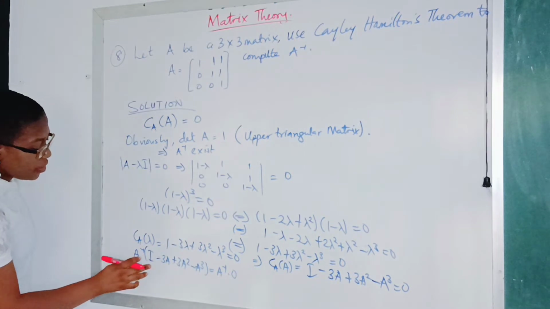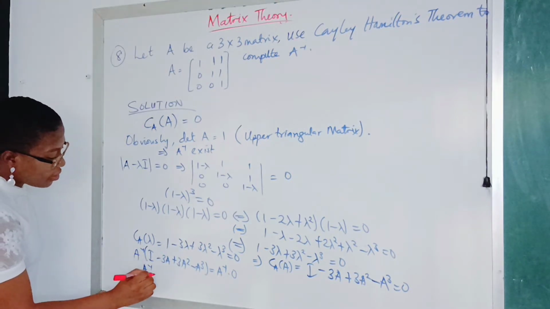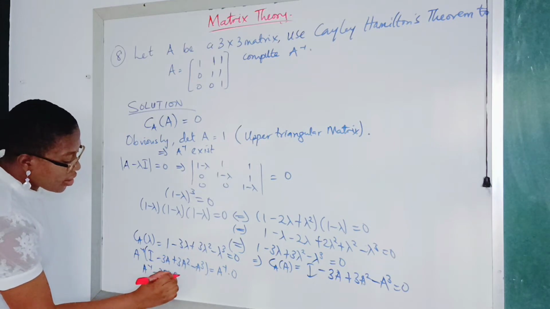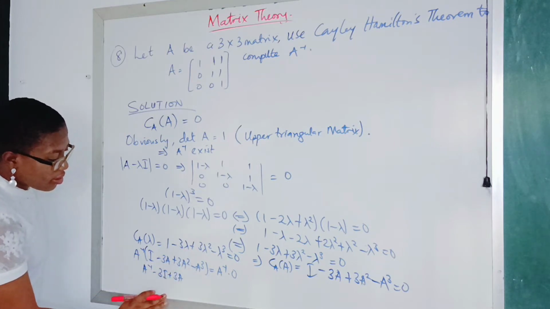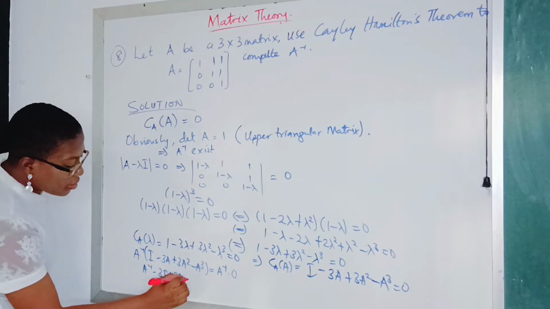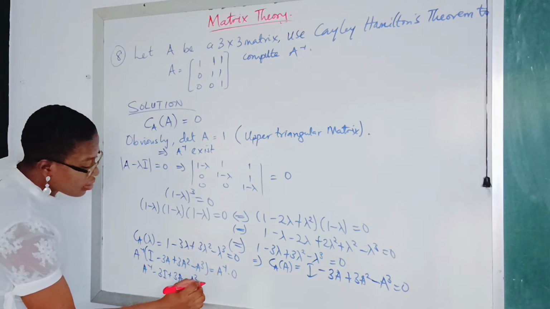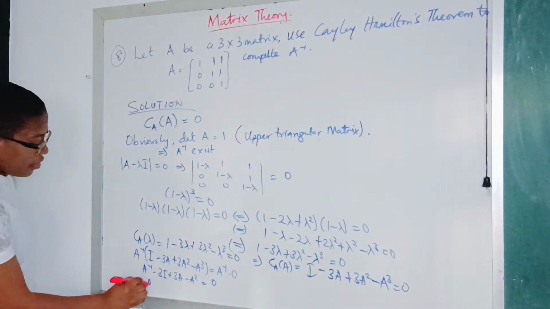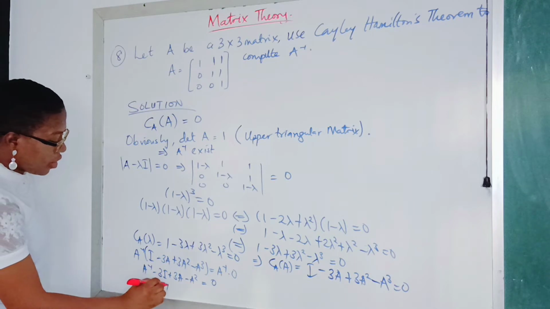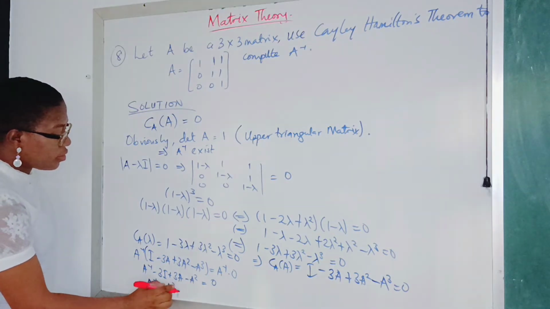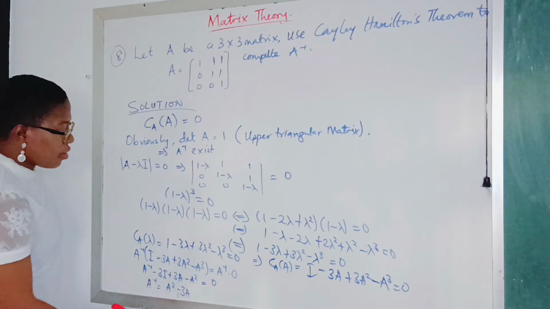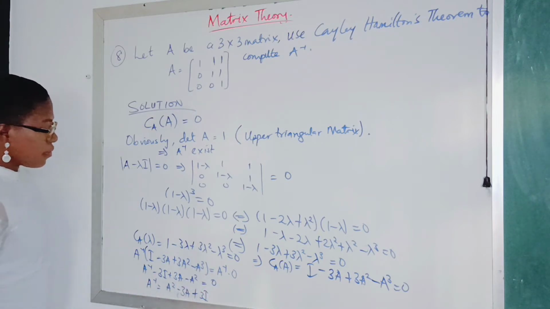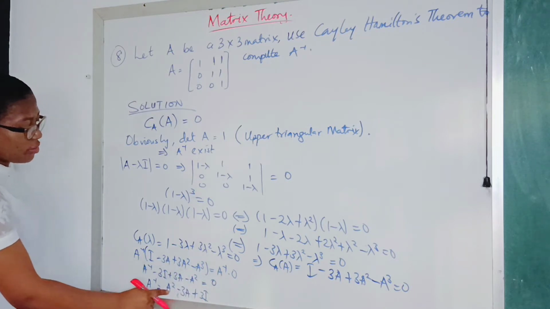So I have A inverse minus 3I plus 3A minus A squared equals 0. Make A inverse the subject of the formula: A inverse equals A squared minus 3A plus 3I. I took this to the other side, and the minus became plus.